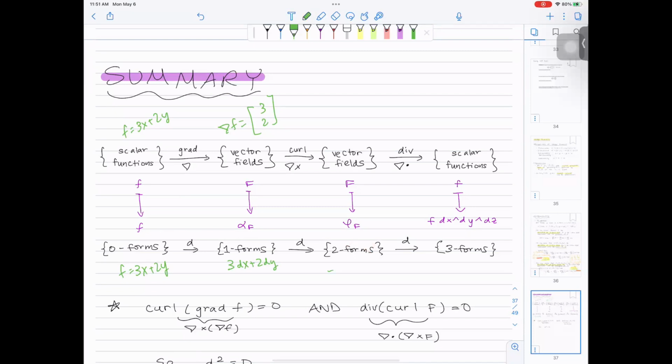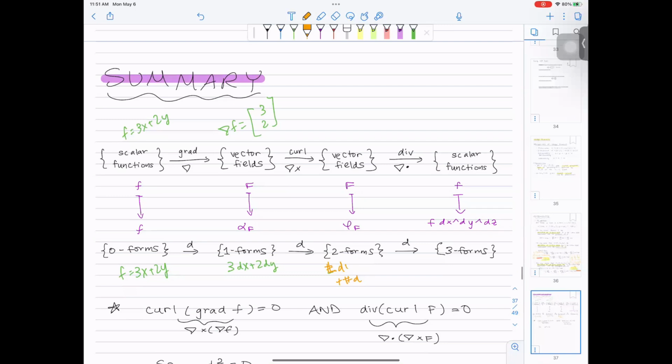For some other example, it'd be whatever number you want, dx wedge dy plus whatever. Let me write it in the correct order. It would be dy wedge dz. Let me say we have some vector field, f1, f2, f3. The two form would be f1 dy dz plus f2 dz dx plus f3 dx wedge dy, right?